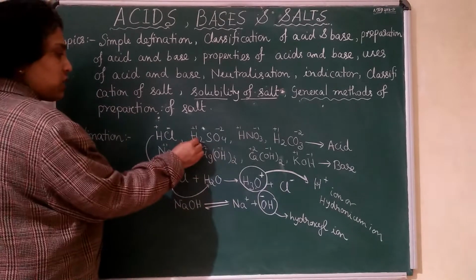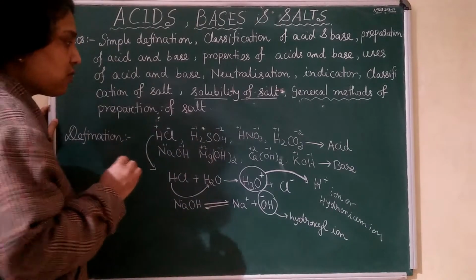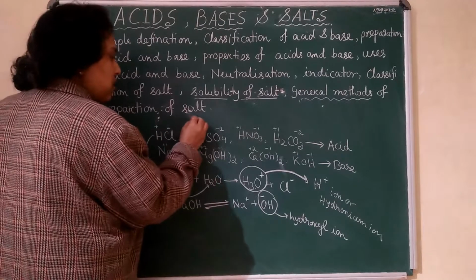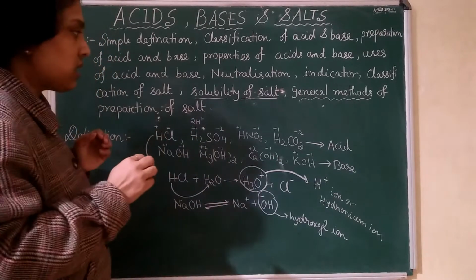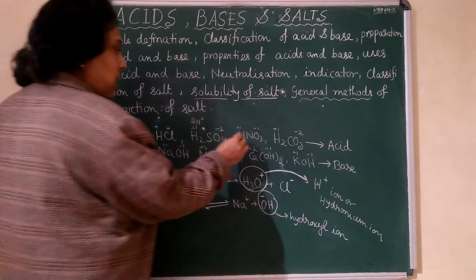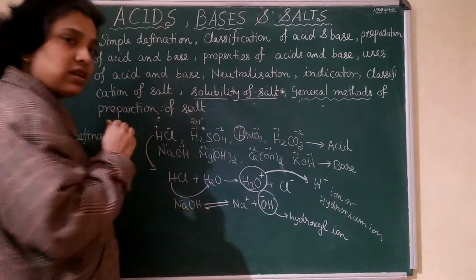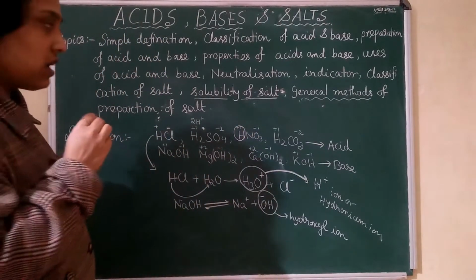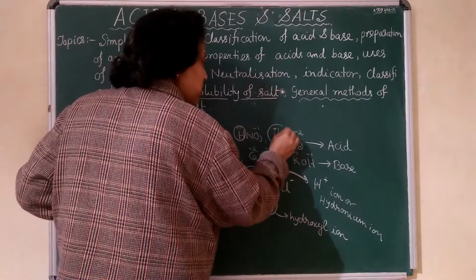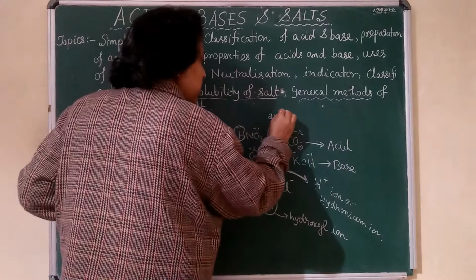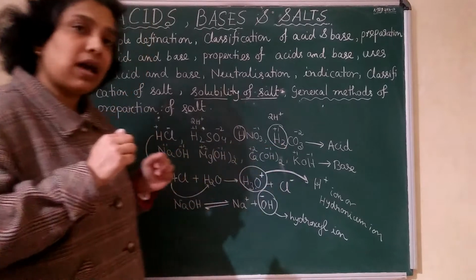Here, how many H plus ions? If you see the reaction of H2SO4, it will produce 2 H plus ions, so it is acidic. Here is H plus ion from nitric acid. One H plus ion it is generating, so it is also acidic. Here again it produces 2 H plus ions, so this is an example of an acid.